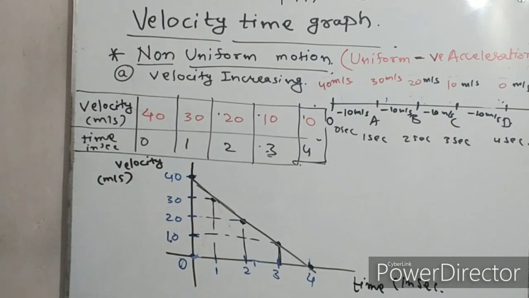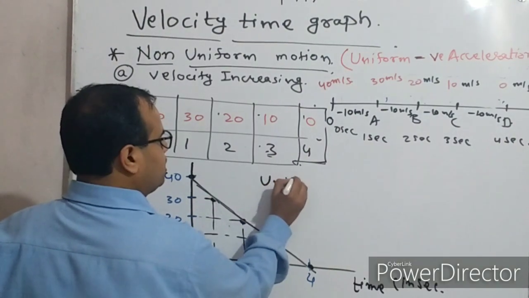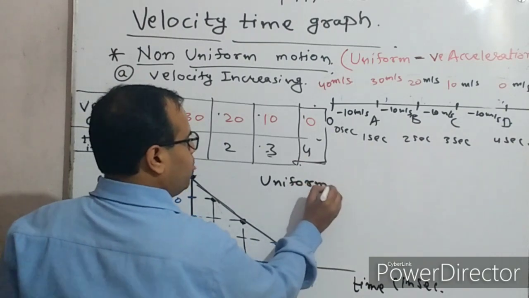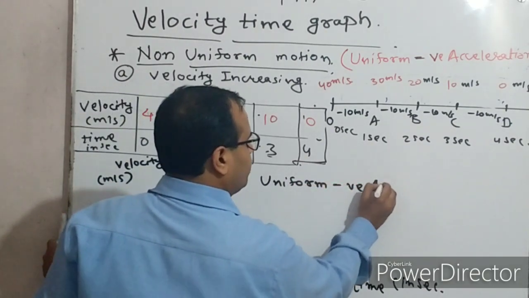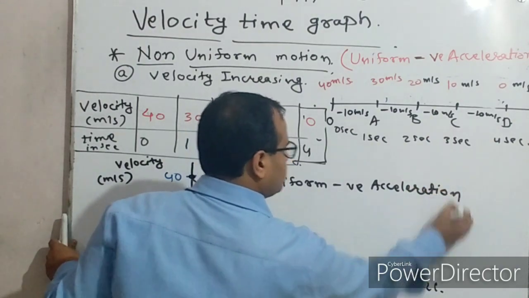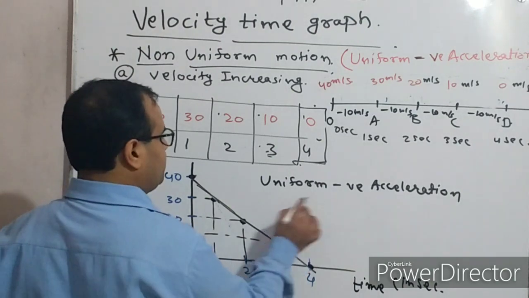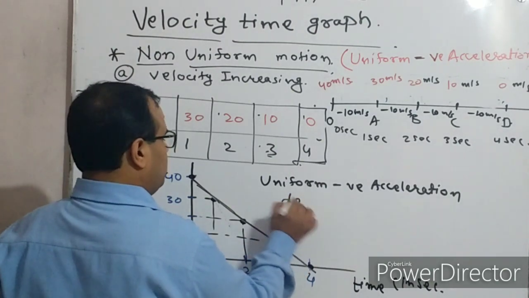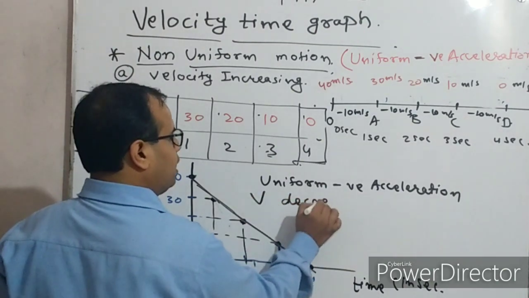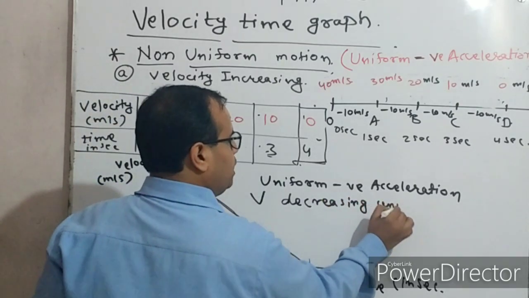I hope it is a straight line. So this is what uniform negative acceleration looks like, where the velocity of the object is decreasing uniformly.